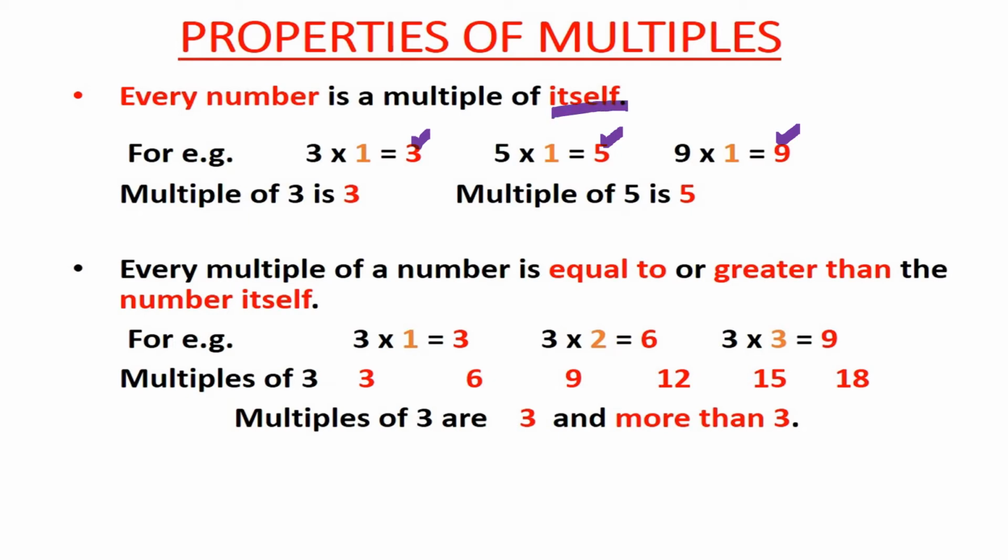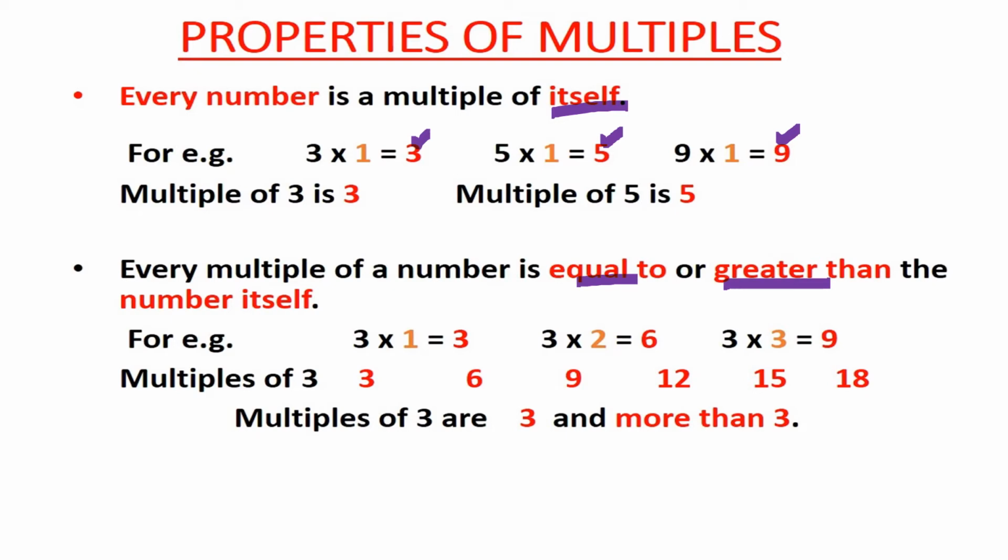The next one: every multiple of a number is equal to or greater than the number itself. For example, 3 into 1 is 3, 3 into 2 is 6 and 3 into 3 is 9. So the multiples of 3 here are 3, 6, 9, 12, 15 and 18.